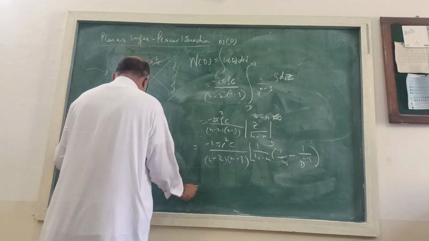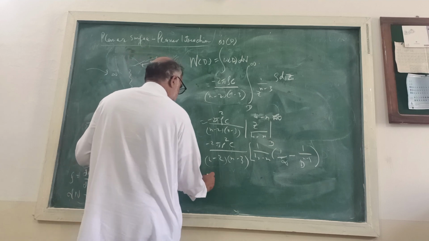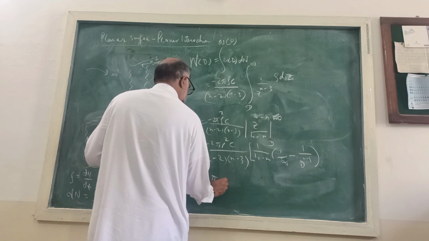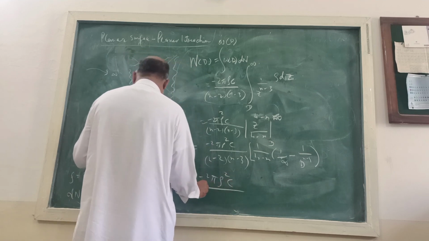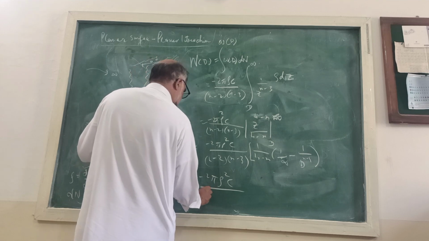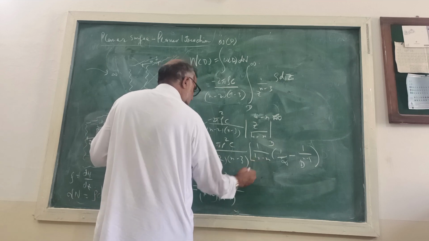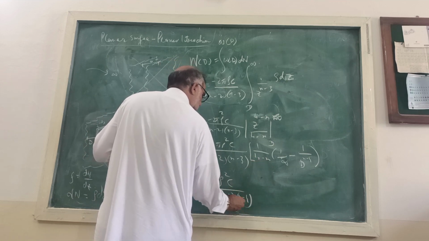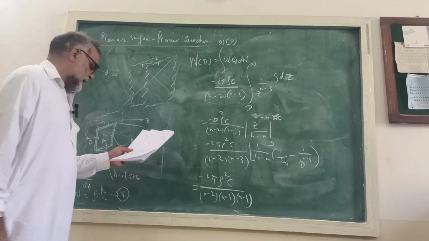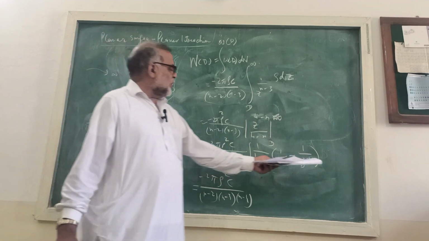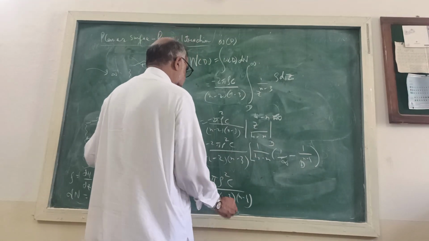This will be equal to minus 2 pi rho square c over n minus 2, n minus 3, n minus 4, right? And 1 over d to the power n minus 4.